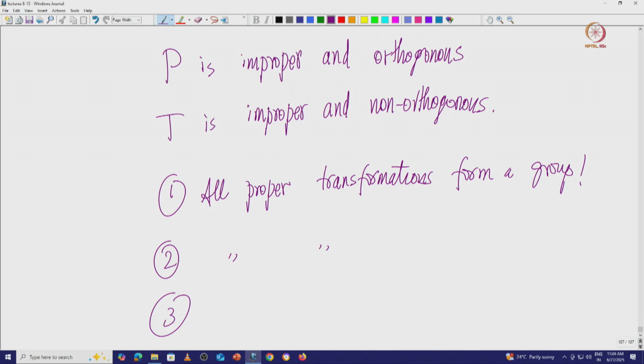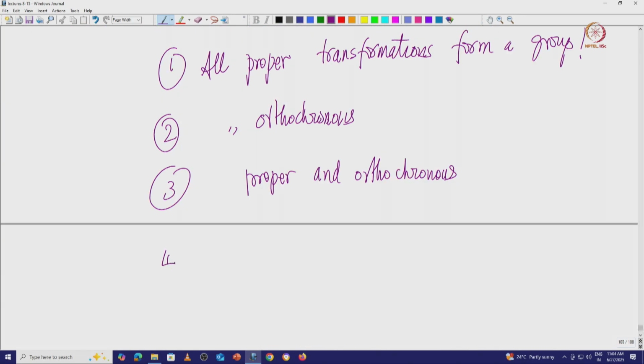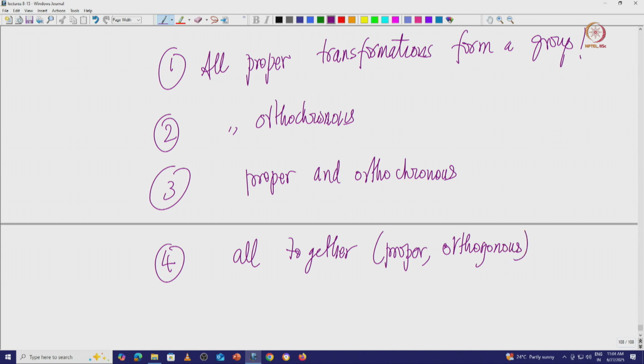Okay, let me write it down. Essentially proper, and then here we have orthochronous, then we have proper and orthochronous, and then finally all together proper orthochronous plus improper orthochronous form a group.